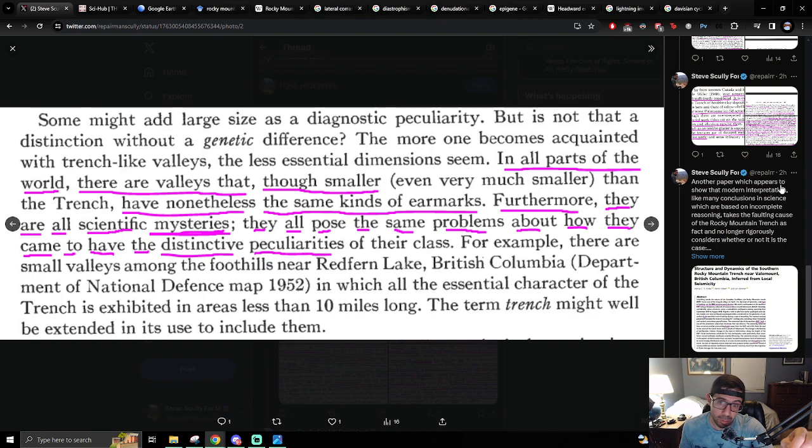Another paper, just to read my writing here, another paper which appears to show that modern interpretation, like many conclusions in science, which are based on incomplete reasoning, takes the faulting cause of the Rocky Mountain Trench as fact and no longer rigorously considers whether or not it is the case.